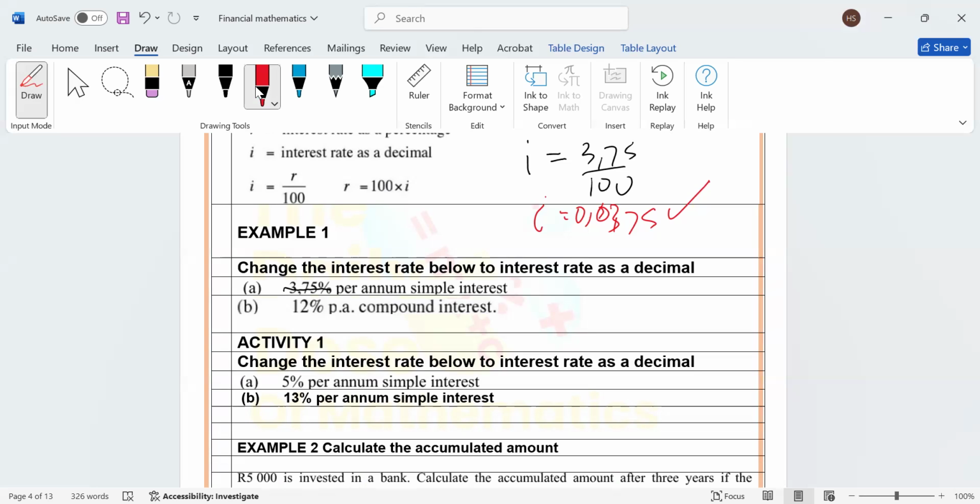How do you get this into a decimal? i is equal to... So you simply substitute the r here. So what is our r? It's 12 all over 100. What is going to be i? 0.12. Let's do activity 1 and then we can go.